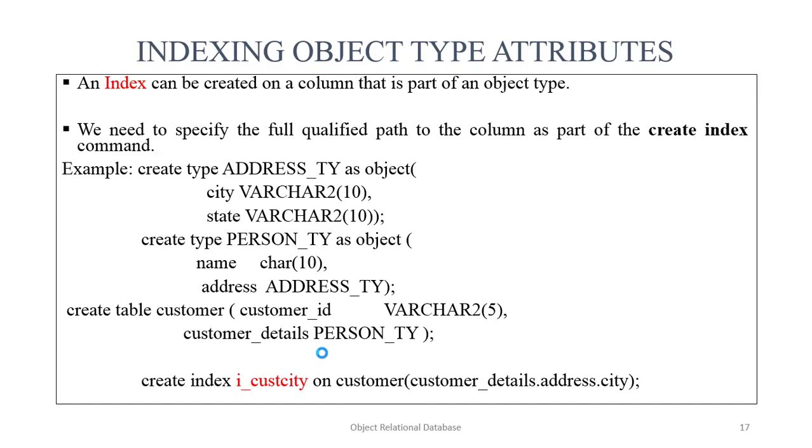In this particular example, an index is created for the path customer_details.address.city because customer is an object relational table. The customer ID attribute can be accessed without indexing because it is of a built-in data type.